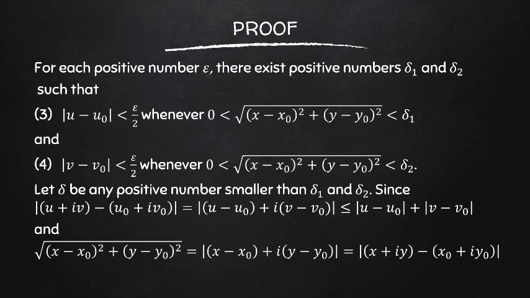And the square root of (x minus x0) squared plus (y minus y0) squared is equal to the absolute value of (x minus x0) plus i times (y minus y0). We can change this form to the absolute value of (x plus iy) minus (x0 plus iy0).